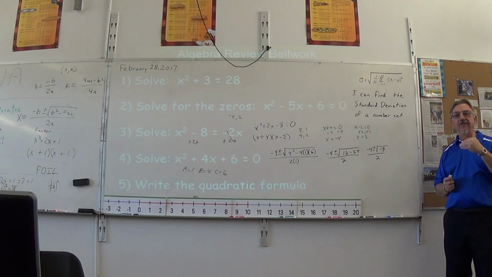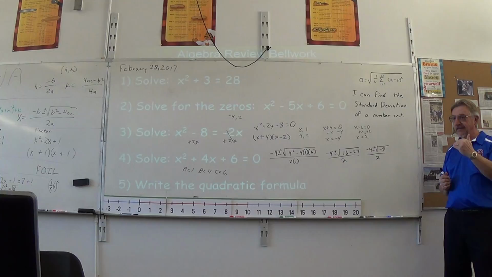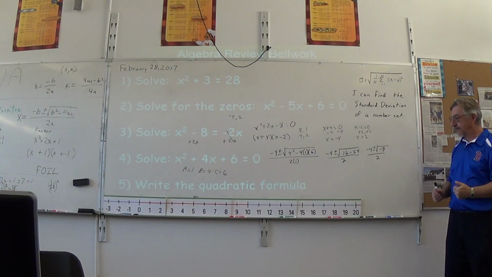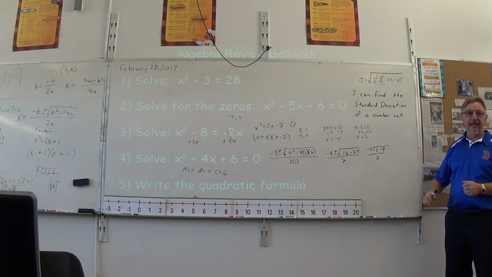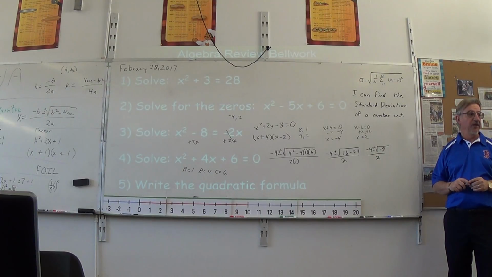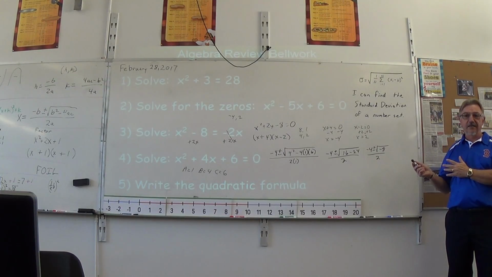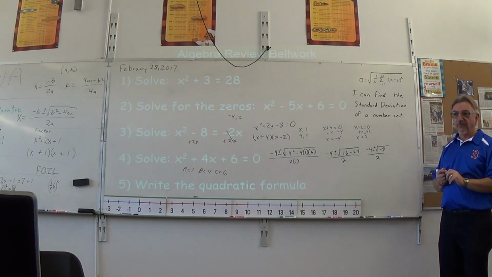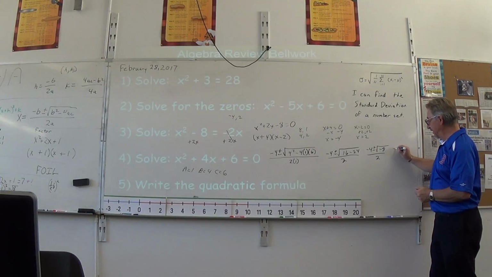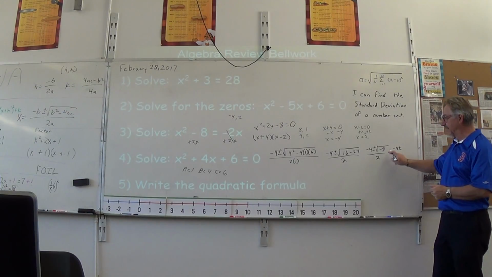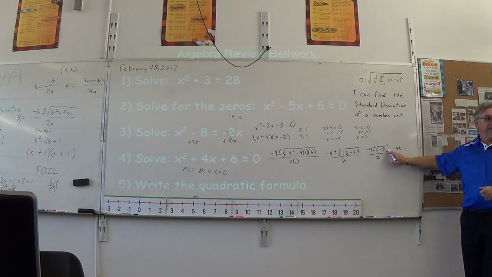At the algebra 1 level, what we can do, guys, Zoe, do you want to pay attention? What we can do still at our level is we can reduce that negative 8 to something that we can work with. So we have negative 4 plus or minus, and negative 8 is 4 times negative 2.